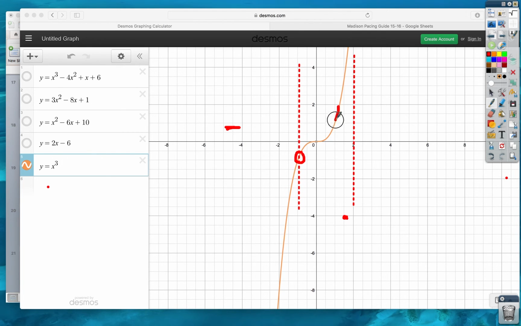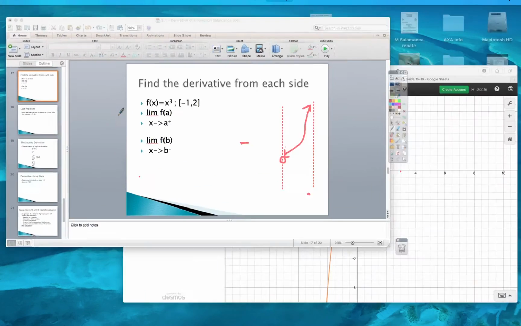I have to start from the positive side because I have to go towards it. If I'm looking at the right-hand limit at 2, I need to start from the left-hand side because there's no value on the other side, because it's a closed interval.